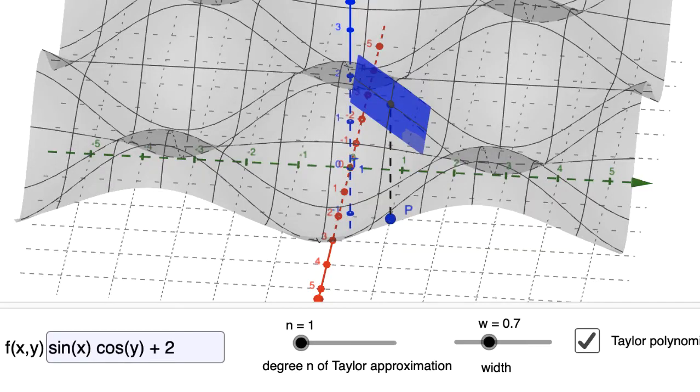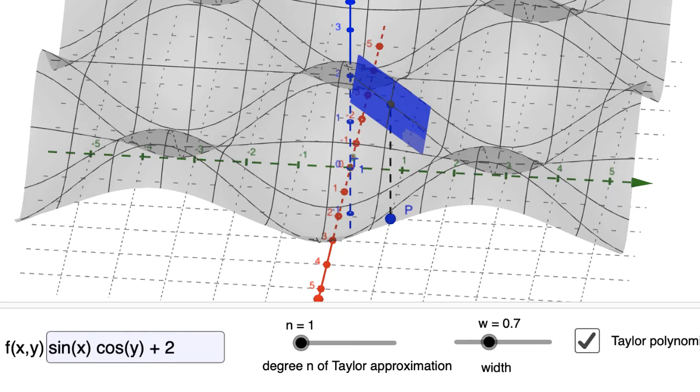So this is an illustration of Taylor's approximation. In this example, the function is sine of x times cosine of y plus 2. And so, for example, the first approximation in Taylor's expansion is the linear approximation. So for this particular function, it happens to be this expression.